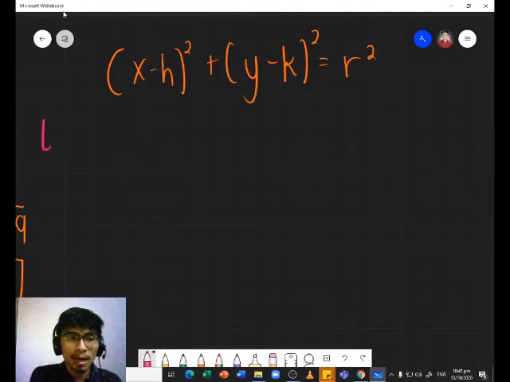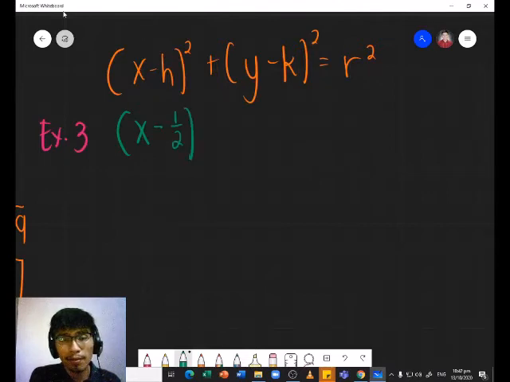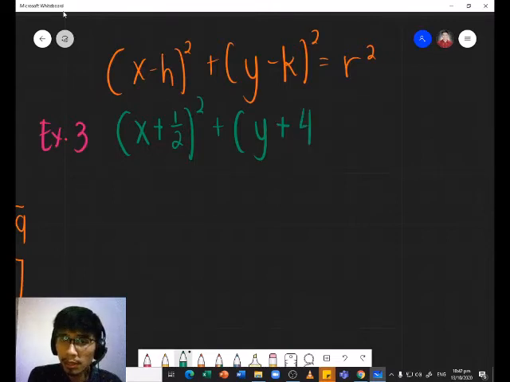So I have here another example, number 3. For example number 3, let me write (x - 1/2)², or positive 1/2 squared, plus (y + 4)² = 5. Okay, that is equal to 5.